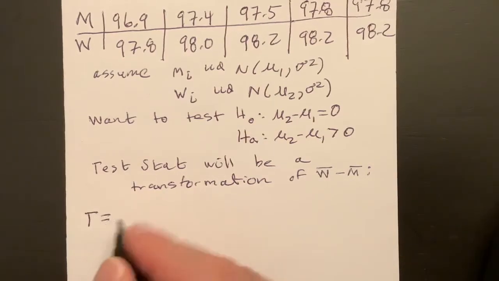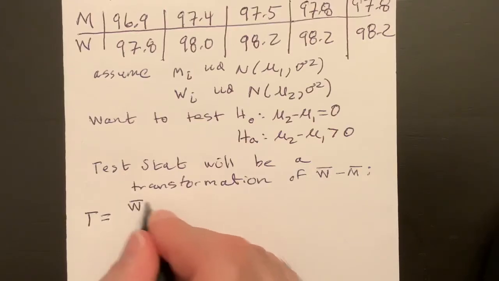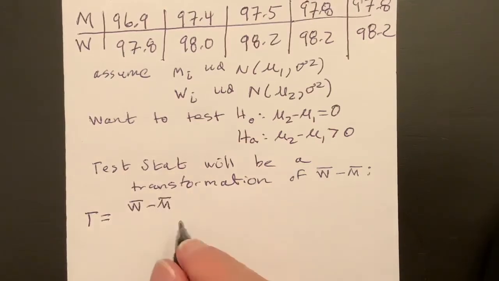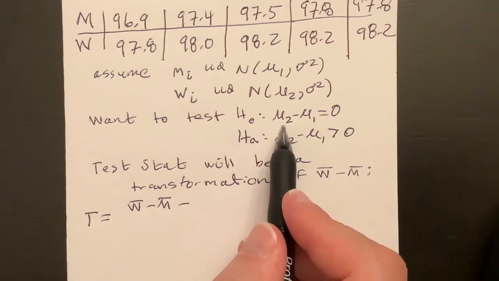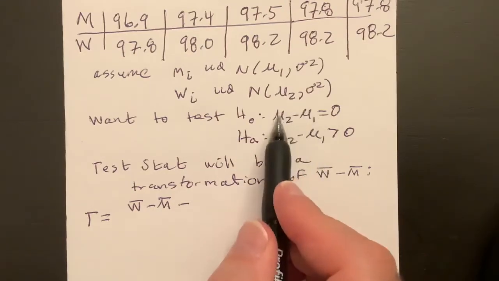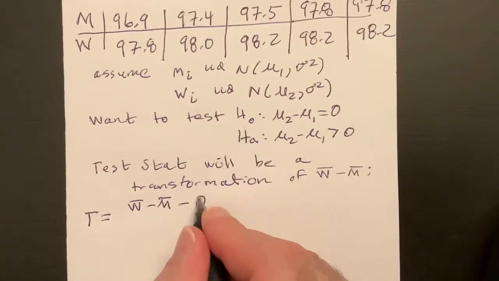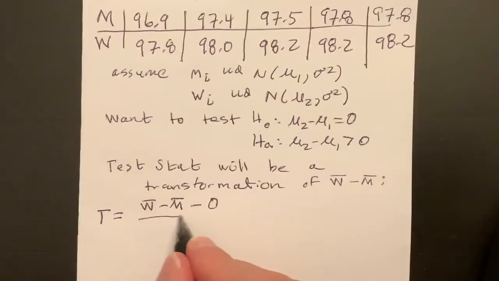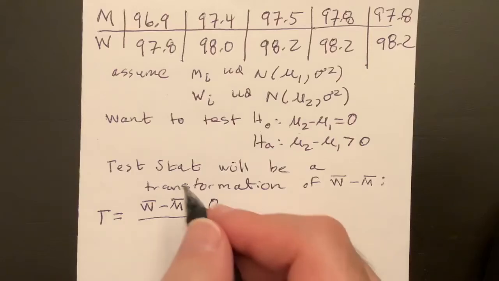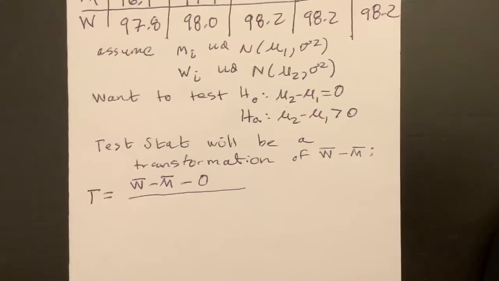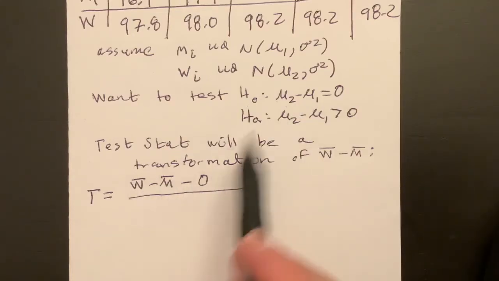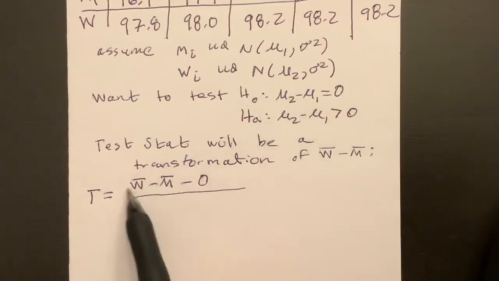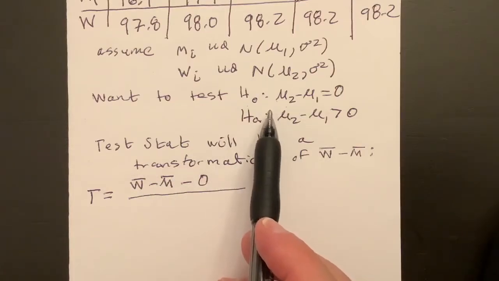We'll have t equal W bar minus M bar, and now minus this mu2 minus mu1 under H0. This is actually 0, so I'll write that in just to remind us that that's that number. Okay, so I have the sample minus what is expected, the difference of the sample means minus the expected value of the difference of the sample means under the null hypothesis.